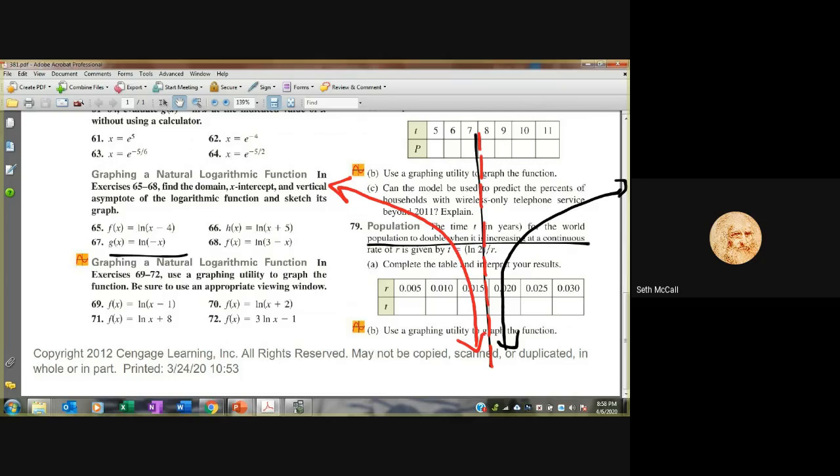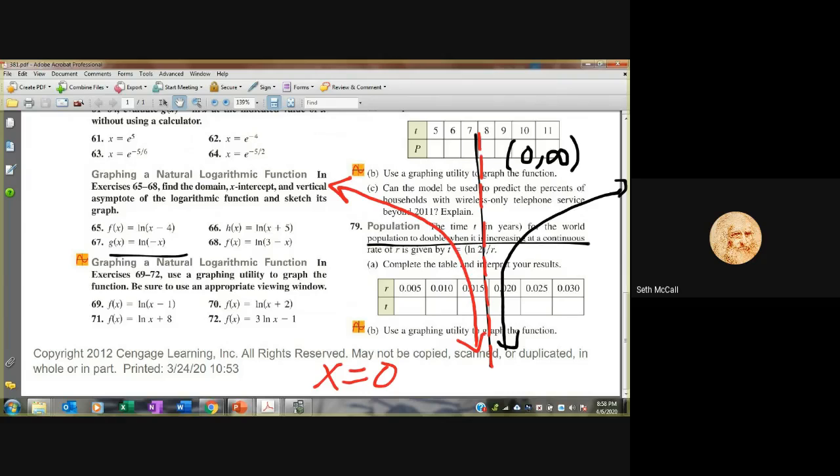It says find the domain, the x-intercept, and vertical asymptote of each logarithmic function. I'm going to start with the vertical asymptote. The vertical asymptote for the red function as well as the black function is x equals 0. The domain for the black function would be 0 to infinity, both with parentheses because it doesn't actually touch the y-axis.